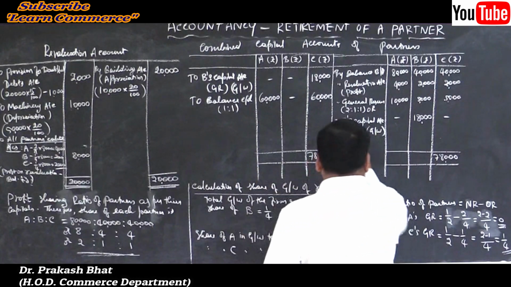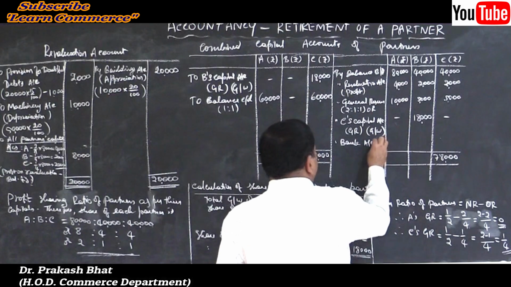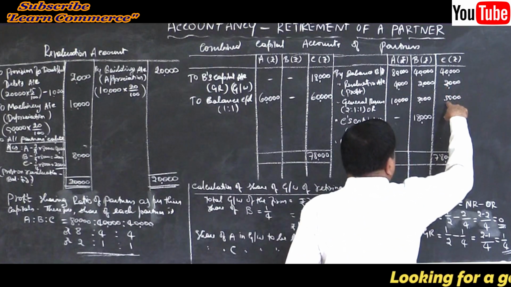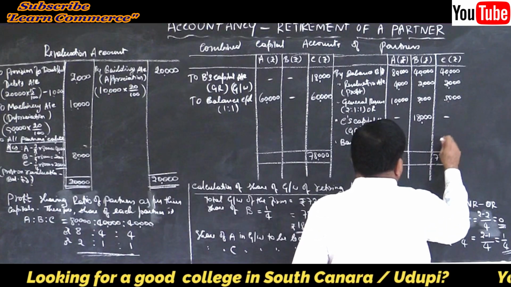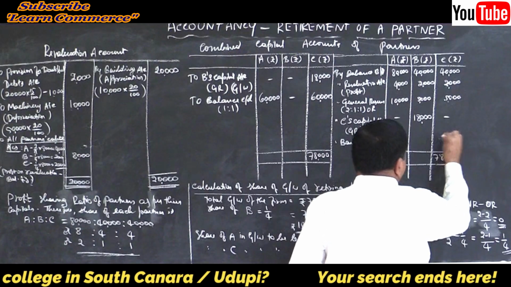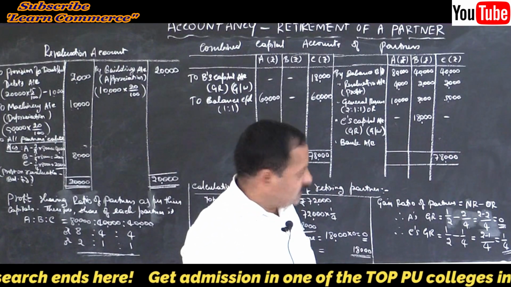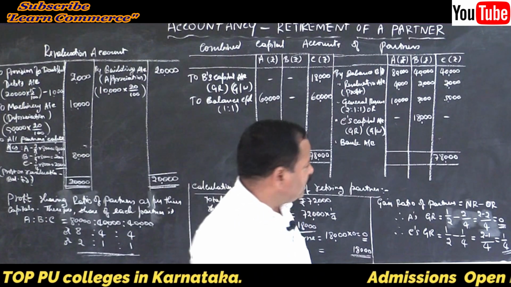So by bank account, what is the difference? Calculate. 78 minus 47, so it will be 31,000.